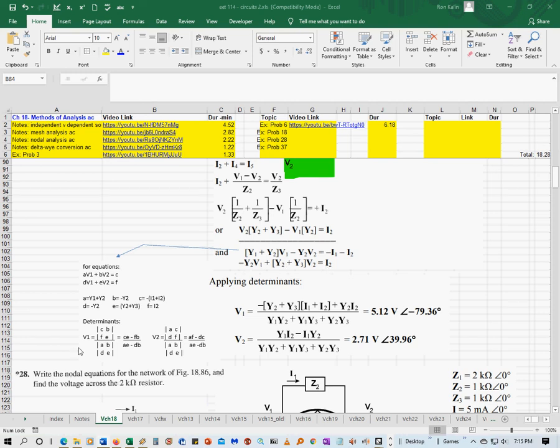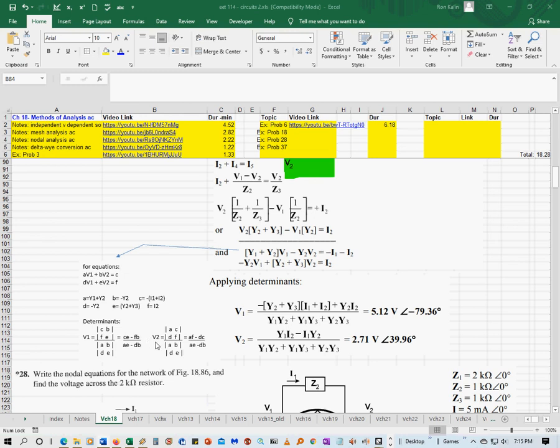And then again, you use your determinants to solve for V1. You take C and F in the first column, and then B and E go in the second column on the numerator. In the denominator it's just A and D, and B and E in column form, and then you do your multiplication and subtraction.